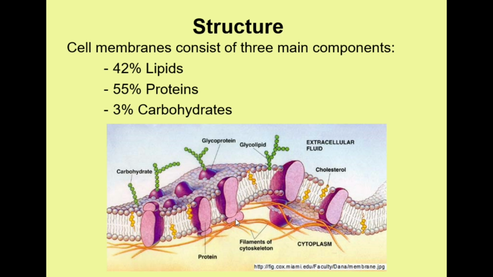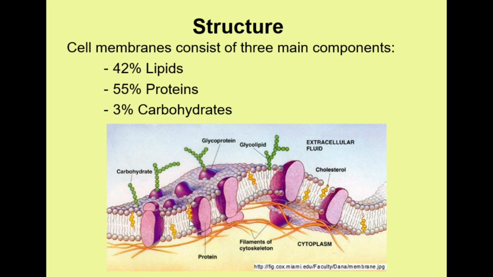So they're attached on one side. And these are called peripheral proteins. And these play a really important role, as you can see here, for attachment sites for the cytoskeleton. So you can see microfilaments attaching there, and that helps to offer and provide structural support. So there are a couple of different types of protein.